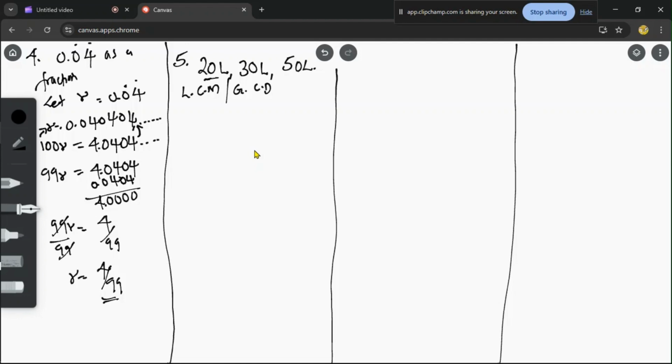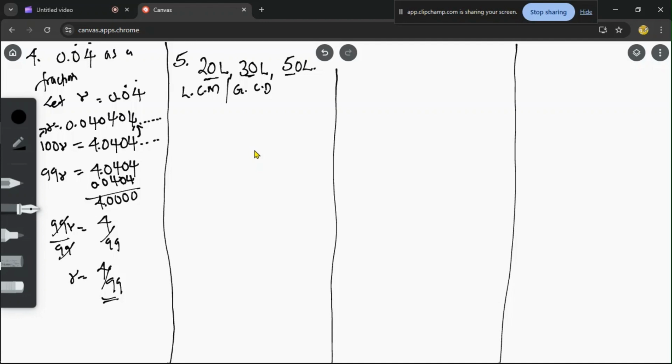If it's a container that needs to fill 20, 30, and 50, it can't be bigger than these. If I find LCM, it will give me a huge number, a size that these containers can fill, not one that is being filled.